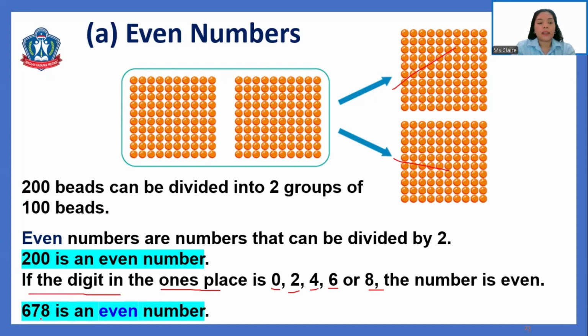Why? Because the digit in the ones place is 8. Remember, if the digit in the ones place ends with 8, it is an even number. The same with 200. The digit in the ones place is 0. So, 200 is an even number.